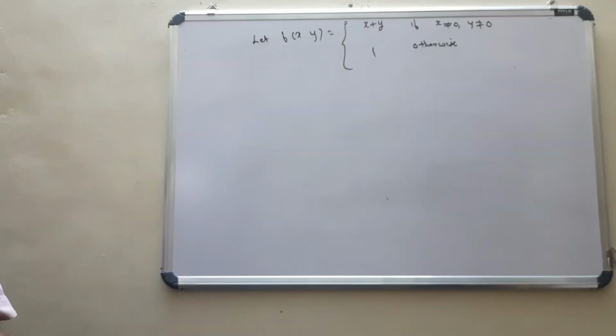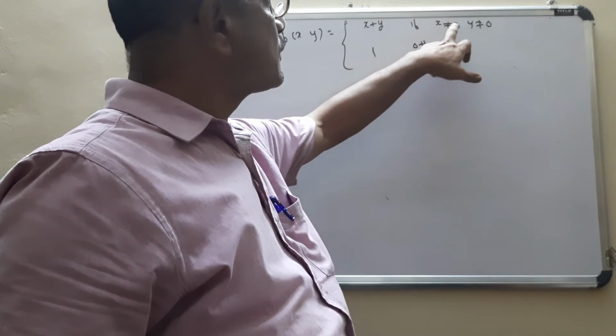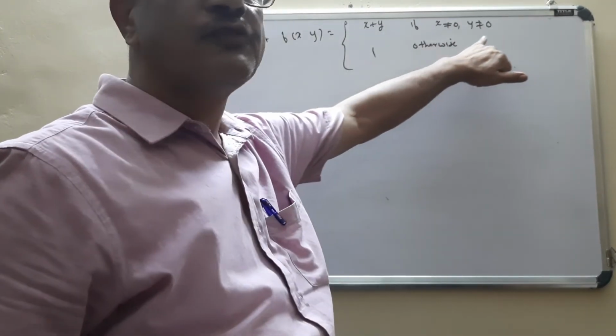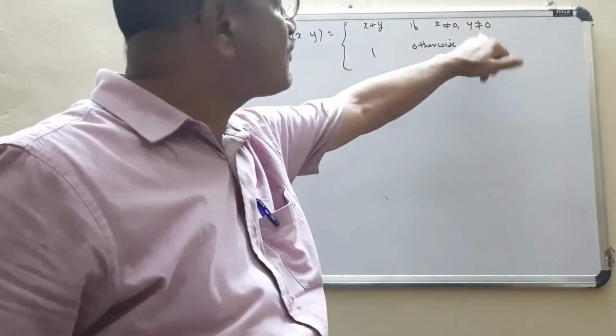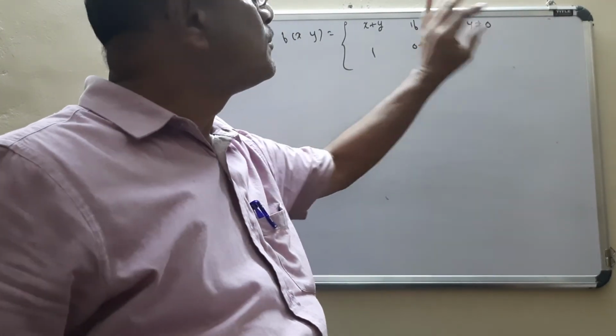See, the problem is asked in a different manner. If you compare this with the first problem, here x is not equal to 0, y is not equal to 0. But otherwise means this is the case when x is 0, y is 0, because the negation of x not equal to 0, y not equal to 0 is x is equal to 0, y is equal to 0. So please try to understand.